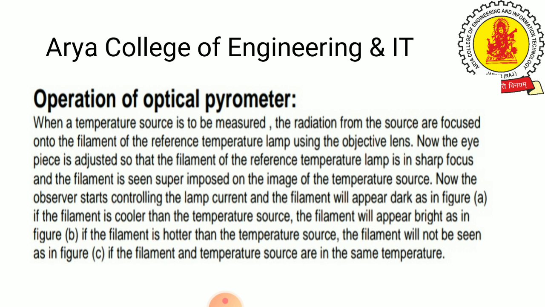If the filament is cooler than the temperature source, the filament will appear dark as in figure A. If the filament is hotter than the temperature source, the filament will appear bright as in figure B. If the filament and temperature source are at the same temperature, the filament will not be seen, as in figure C. So the third condition is generated.